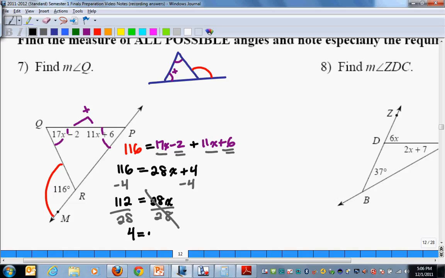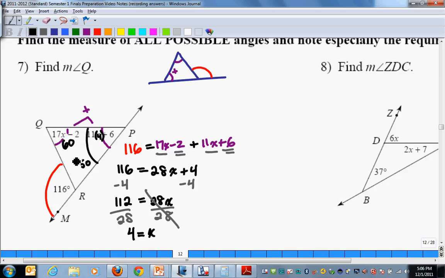Now you're not done, because it says you want to solve for all possible angles. So here we're going to go 11 times 4, which is 44, plus 6. That makes this 50. And then we have 17 times 4 minus 2. That's going to be 68 minus 2.